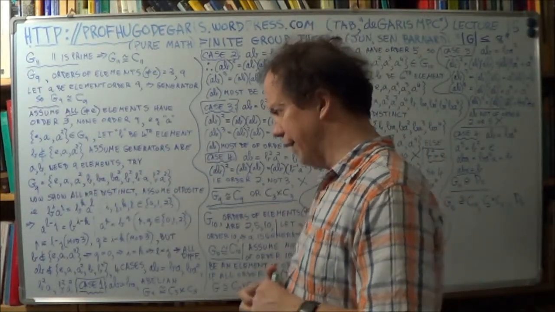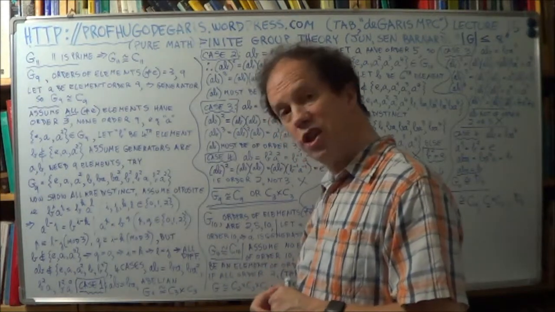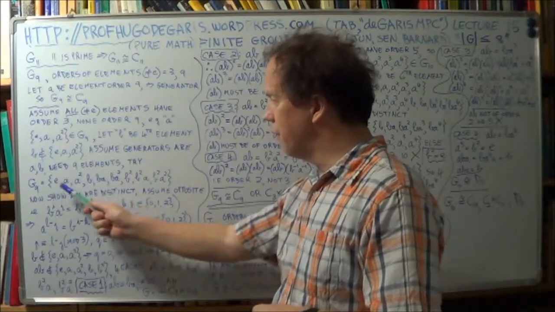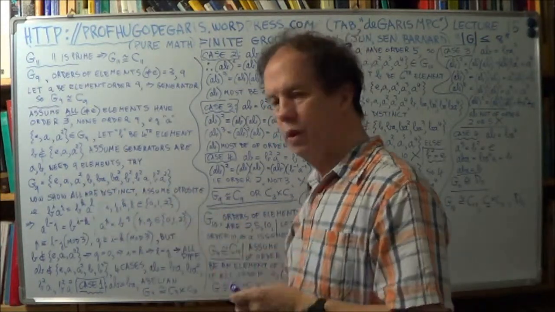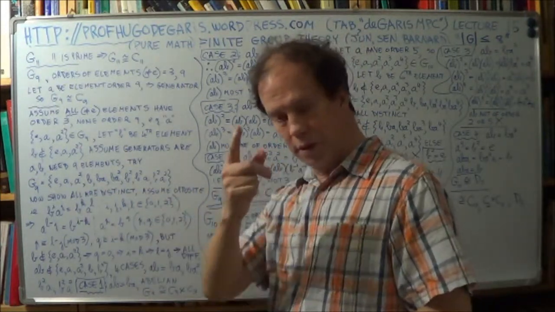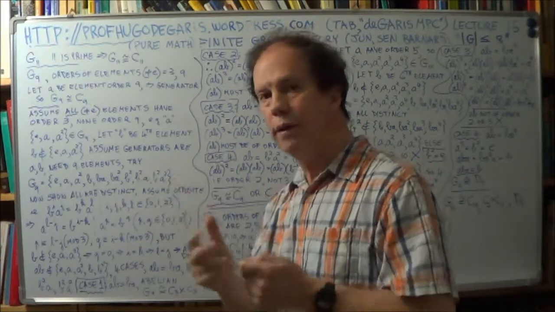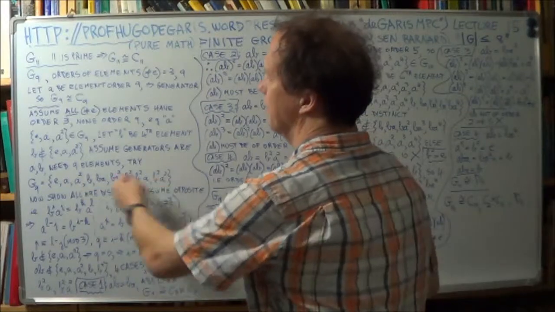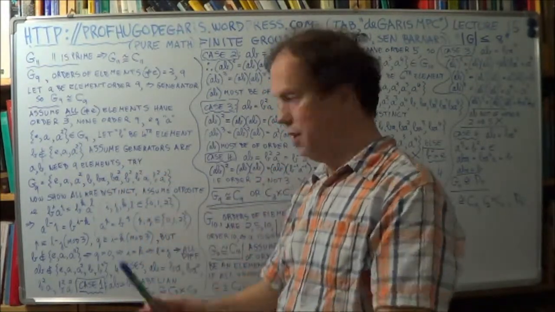Well, we can prove that by contradiction. So we assume the opposite. What's the opposite? That there's at least one pair that are the same. So one of these and some other one of these 9 are equal.